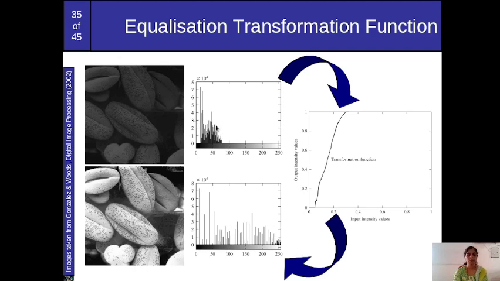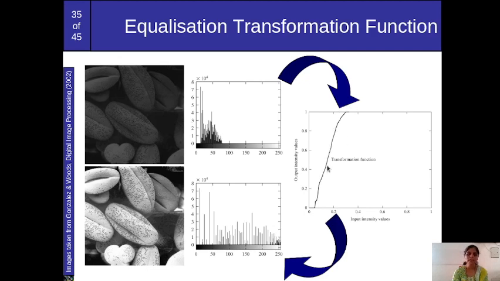Understanding this in a pictorial way, this is an image which we want to process, and this is its histogram. As we can see, the histogram is on the darker side. We want to stretch this range, so we apply a transformation function on this range. From the lower range, we are going to make it a little more lighter, lighter, lighter, and this is a transformation function which is monotonically increasing as well as single valued.